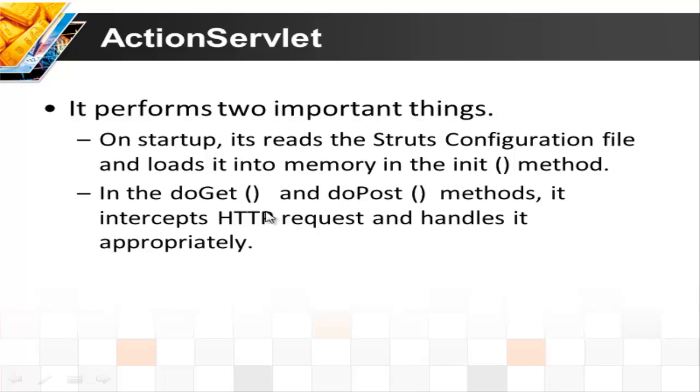Whenever a doGet or doPost request comes, it intercepts those requests and handles them appropriately. What handling appropriately means is, once it gets a doGet or doPost request, it figures out which is the appropriate action that is responsible for handling the request.